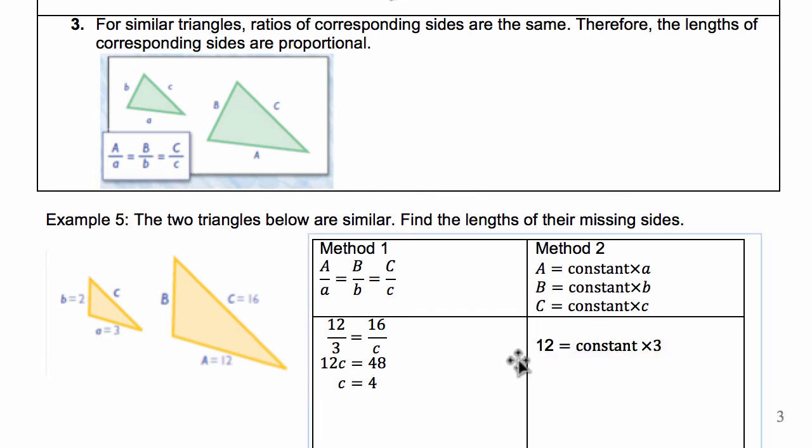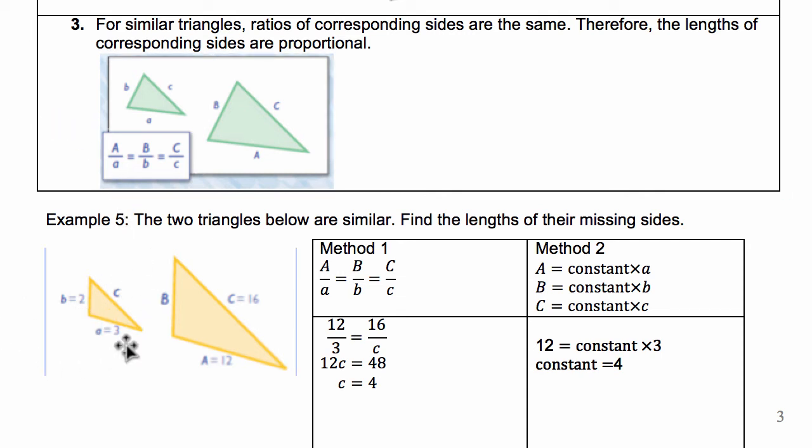Since big A equals 12 and little a equals 3, we have 12 equals the constant times 3. If we divide both sides by 3, we get the constant equals 4. The fact that the constant of proportionality is 4 means the length of a side on the big triangle is always 4 times the length of its corresponding side on the smaller triangle.